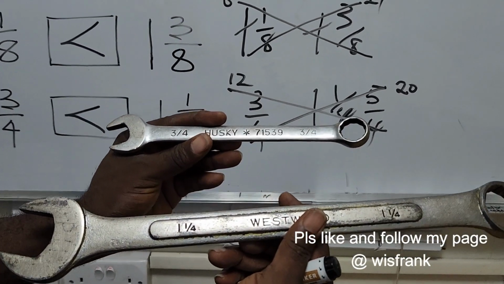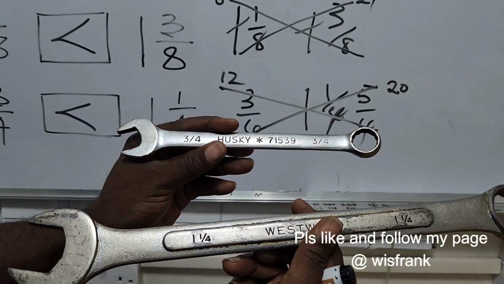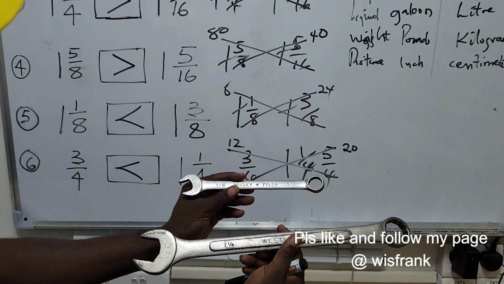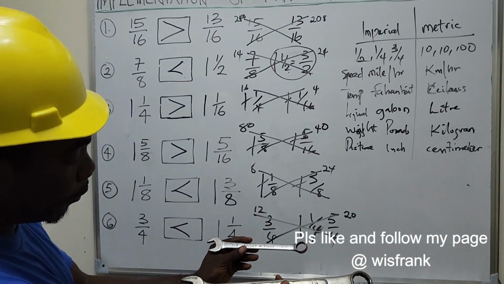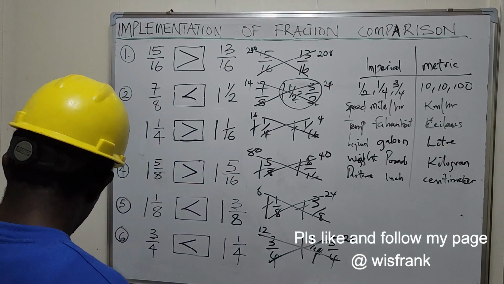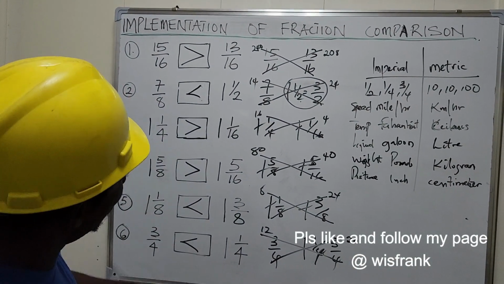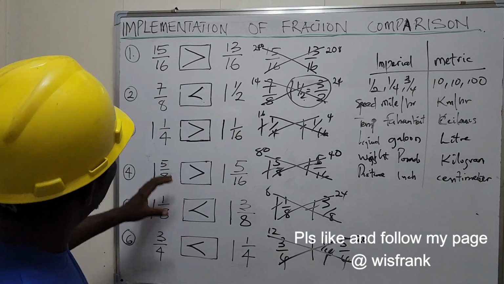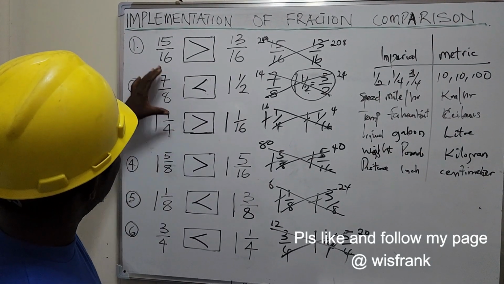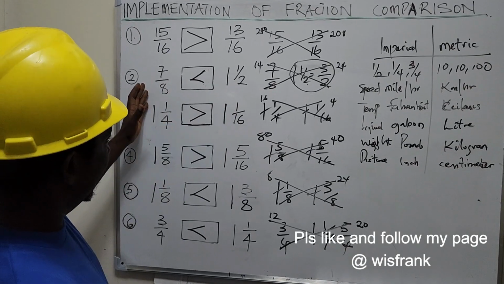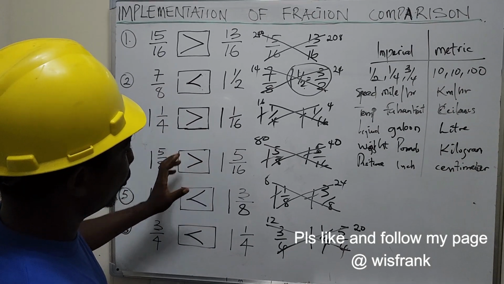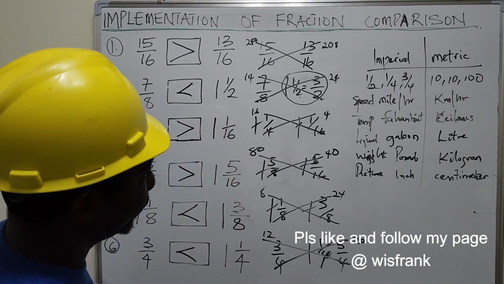We can all see that 3/4 is less than, or smaller than, 1 1/4. That means for our comparison of these fractions, we've been able to find out that each of these fractions is greater than or less than each other from our calculation.